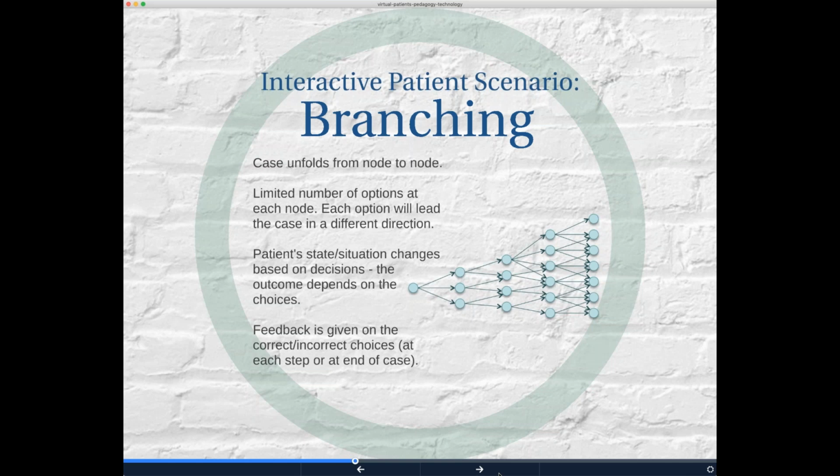At the end of the case, sometimes from node to node, and in some cases at the end of the whole case, the learner gets feedback on their decisions and why they were right or not the right decision, and what the right decision is and why, importantly, why it's right. In both these cases, typically learners are given the opportunity to repeat the case and try to be more efficient and more accurate the next time through.